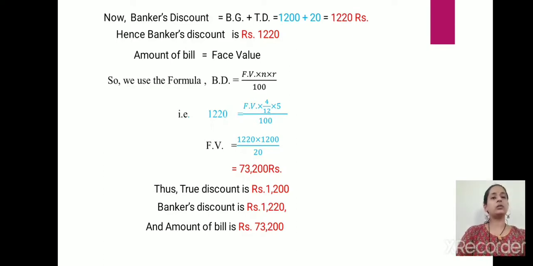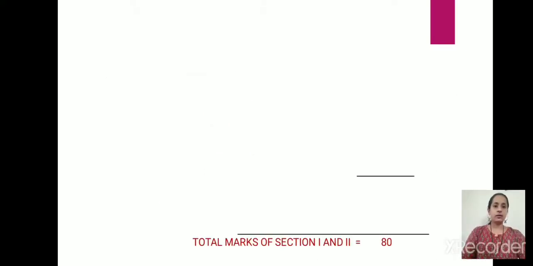Okay, now this is all related with the examples for the last topic of the chapter, that is discounting of bill. Now we will discuss the paper pattern for the board exams. The theory part of the paper that you will have to attempt will be of 80 marks, and the 20 marks will be for your practical papers.